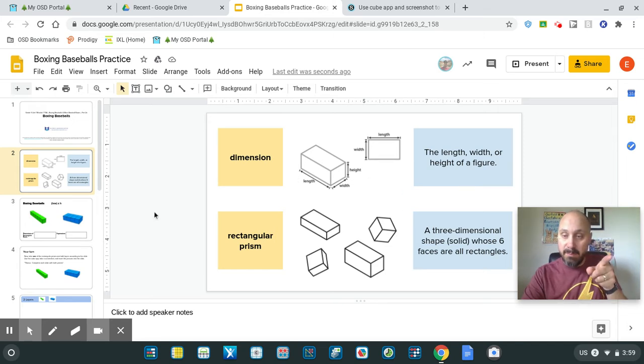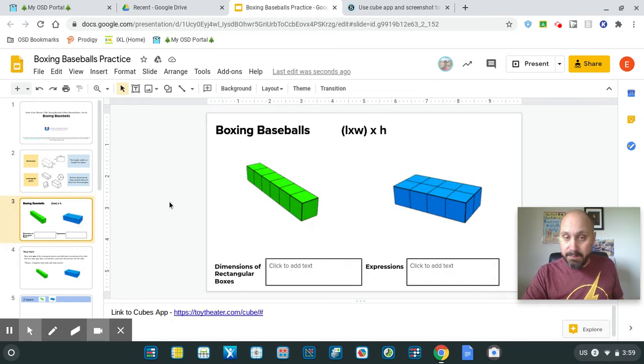I will have a picture of my example on the page. Then we are going to be working with these two rectangular prisms. So I have my green one and my blue one here. My green one has one, two, three, four, five, six cubes. My blue one has one, two, three, four, five, six, seven, eight.